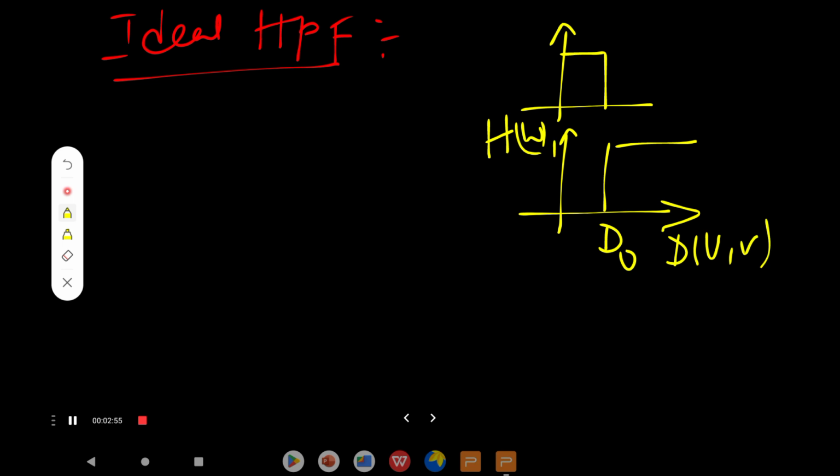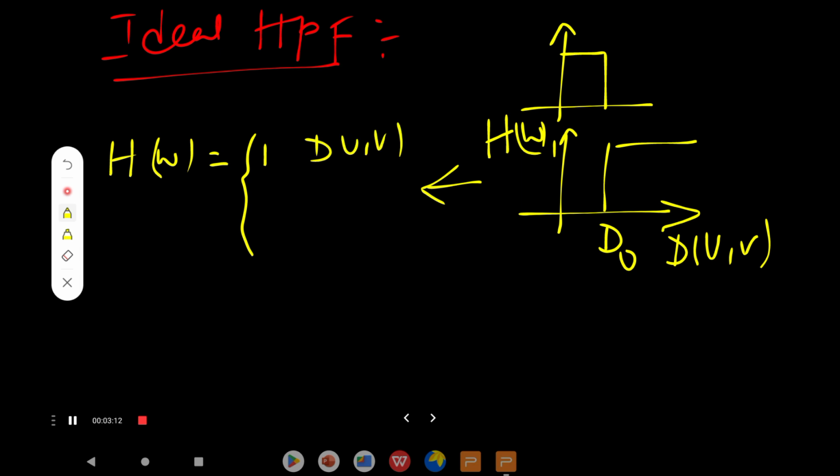From this graphical representation, I can write the mathematical equation. H of omega is 1 for D of U comma V greater than D naught. At the same time, this region, the value is equal to 0, therefore 0 otherwise.